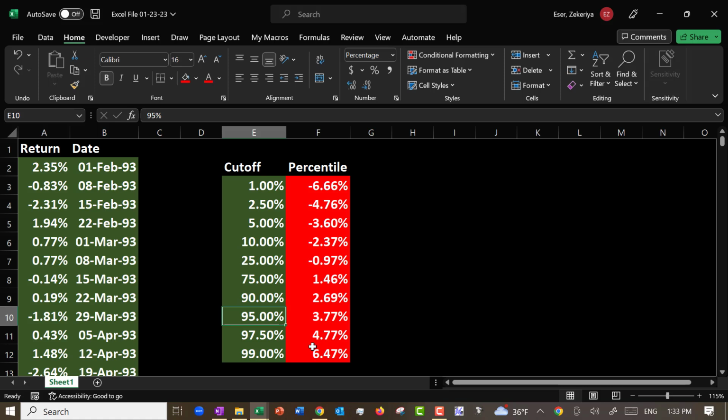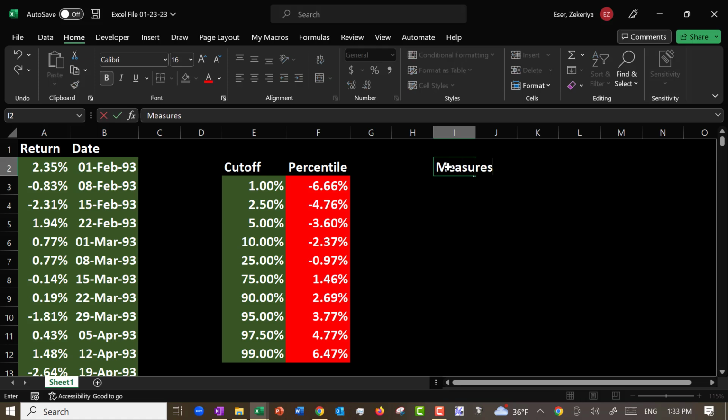Remember, these are weekly returns. Now, using percentiles, we can also come up with measures of tendency and risk.